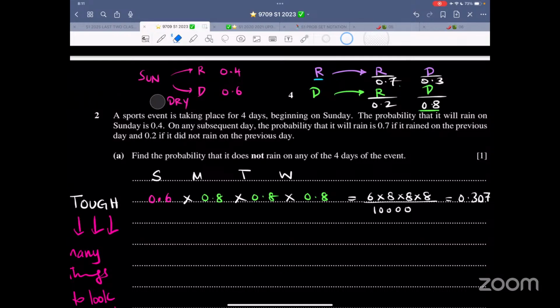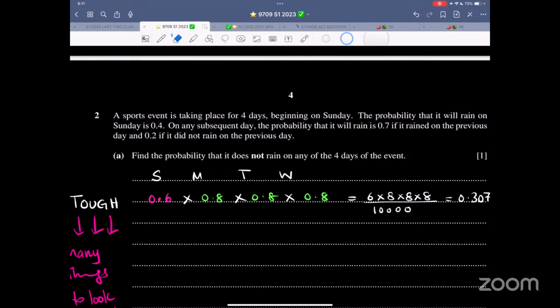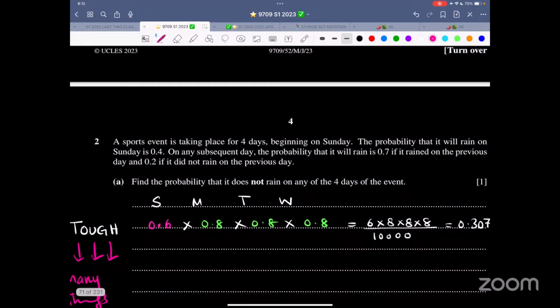Let me fill this up again. And then you can look at the working downstairs. First of all, therefore, Sunday, there are two options. There is rain, there is dry. Rain is 0.4, naturally dry is 0.6.